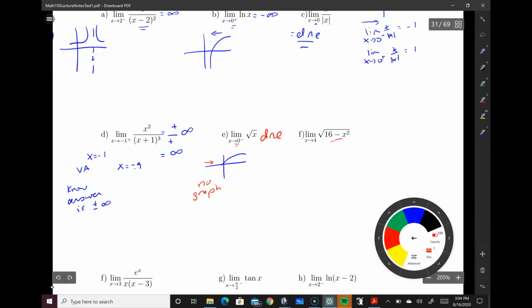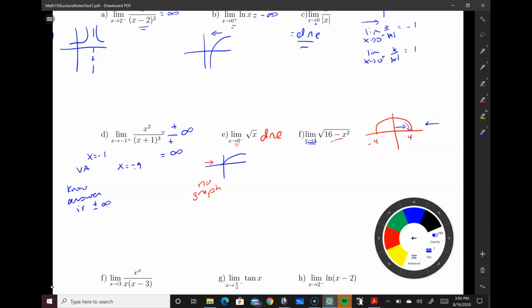All right, so this is a basic graph. We've talked about this. This is a quarter circle or a half of a circle, radius 4. And it says take the limit as x goes towards 4. Notice there's no plus minus, so that means you have to come in from both directions towards 4. So I'm coming from the left as I'm going towards 4, I go to the y value of 0. But what happens on the right-hand side?